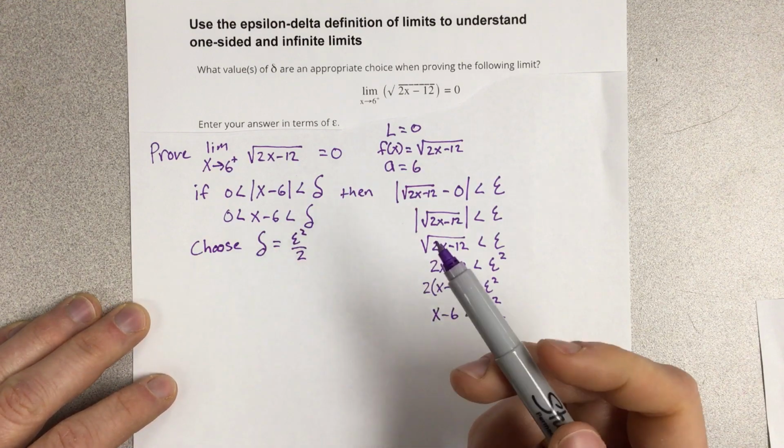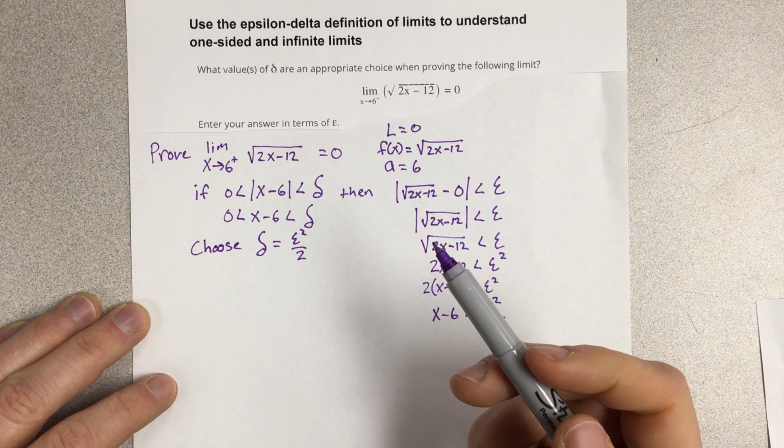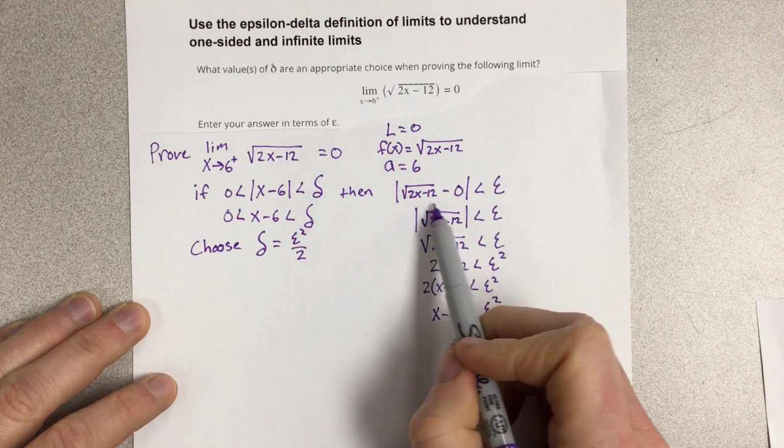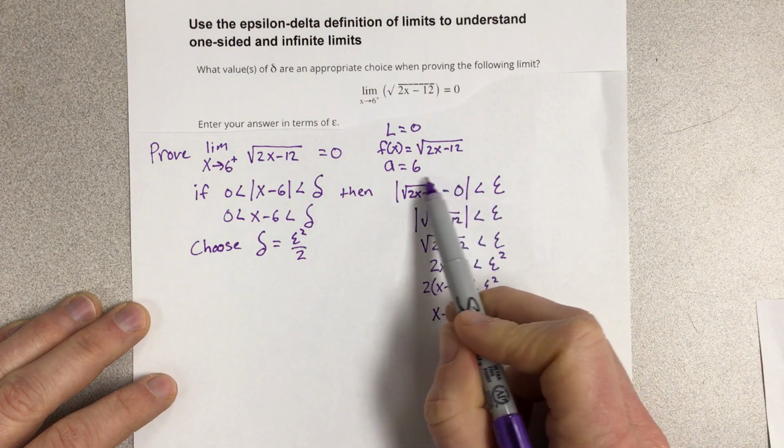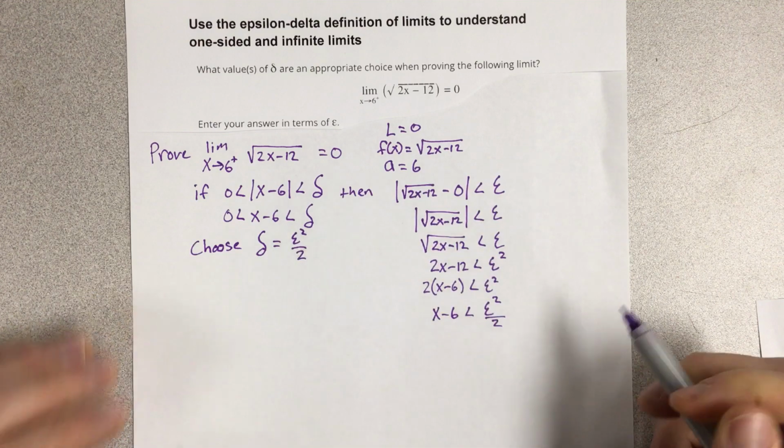Once we choose that, we're going to go back and prove that this piece here is actually less than epsilon, but we're going to do that using delta.